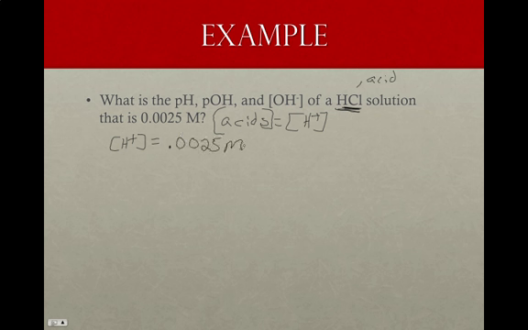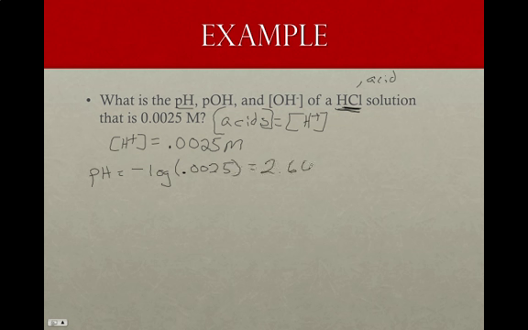which then allows us to find our pH, because our pH is equal to the negative log of our hydrogen ion concentration, so 0.0025, and that is equal to 2.60.